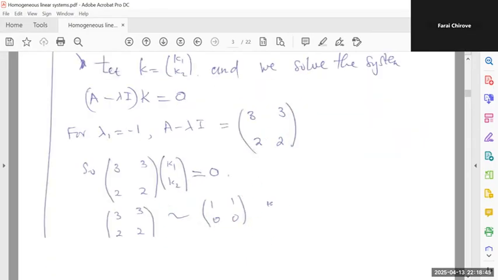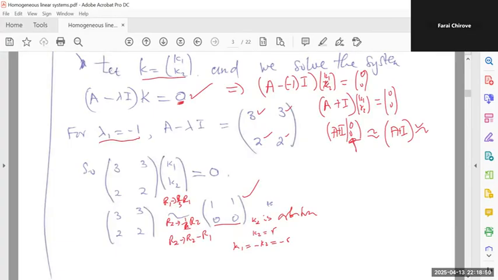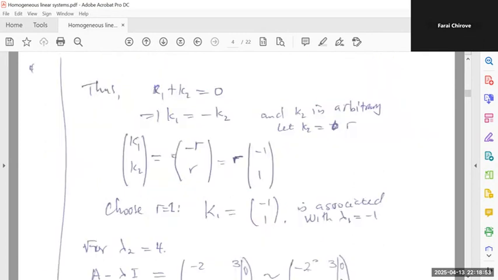So if we call K2 R, then K1 will become minus R. So that when we combine K1, K2 to form our eigenvector, we have minus R, and we can factor out R. And the most basic one is found by just letting R, for example, equal to 1. You can make R any number, but usually you just choose something that makes life easy.